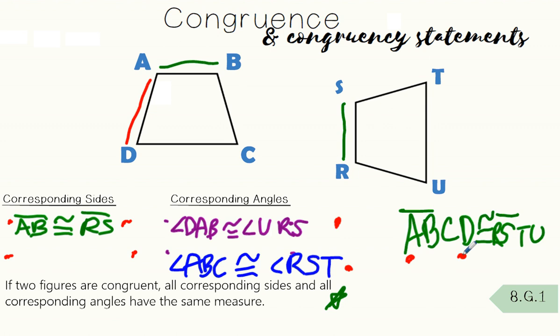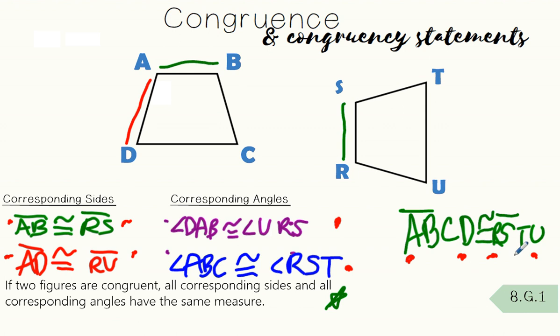So if I choose to call this line segment AD, I can write line segment AD is congruent to. In my other list, I did A, so I have to start with R in my other list, and D, which corresponds to U. So I have to say that line segment AD or side AD is congruent to side RU.